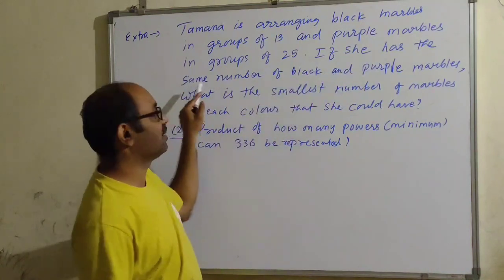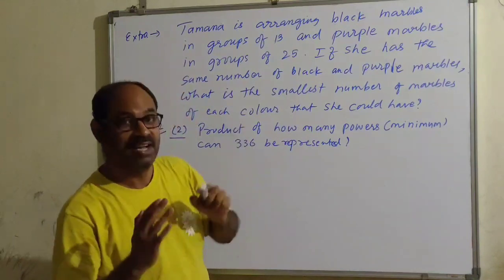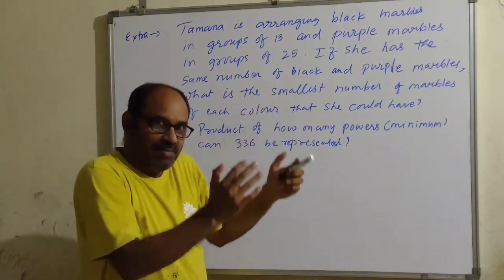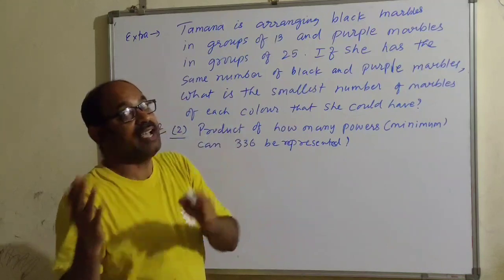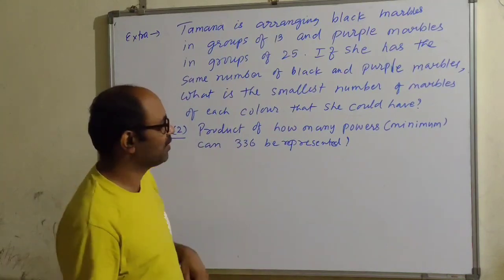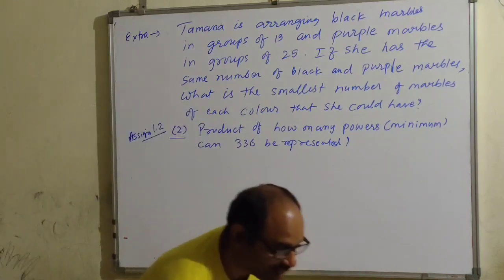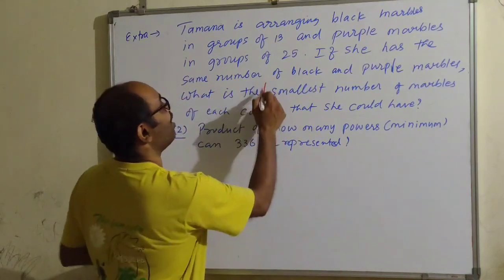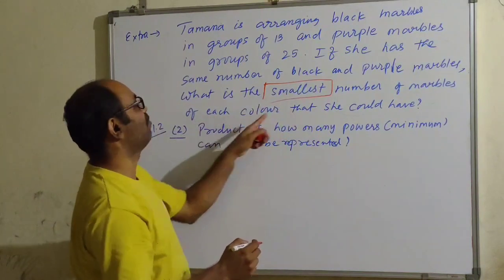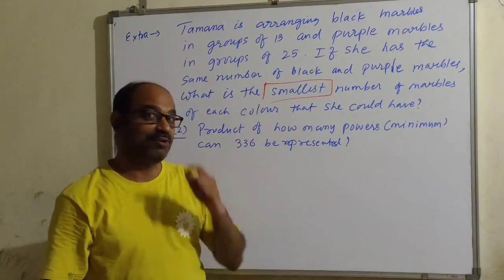If she has the same number of black marbles and purple marbles, what is the smallest number of marbles of each color that she could have?